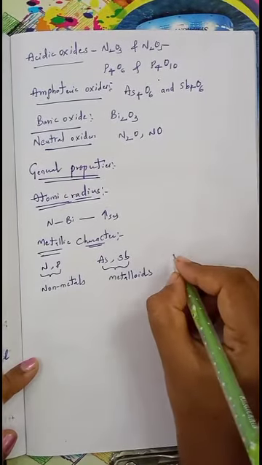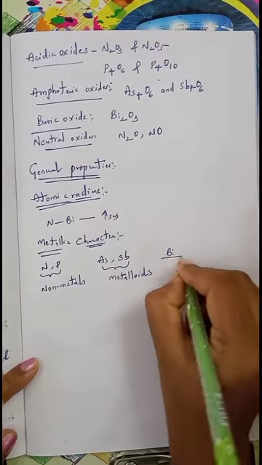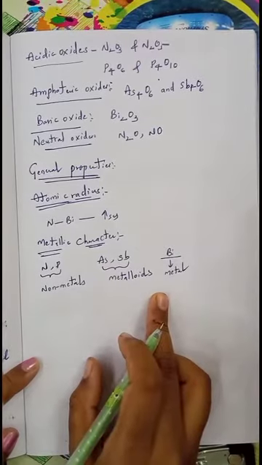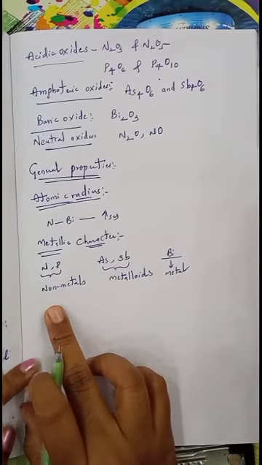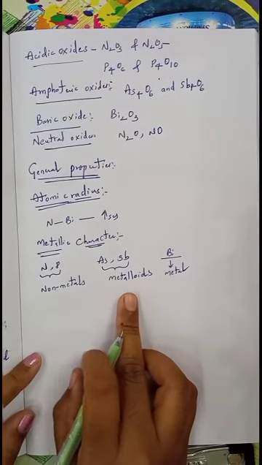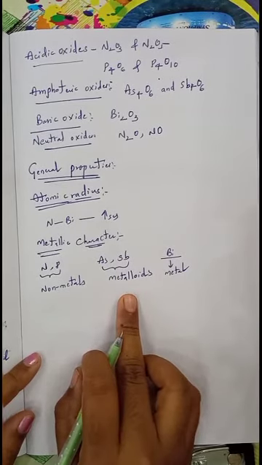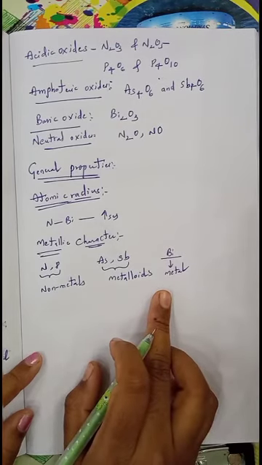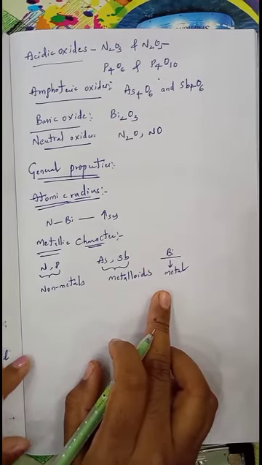Next, bismuth. Bismuth is a complete metal. That means metallic character increases from top to bottom. The first two elements are non-metals. The next two, arsenic and antimony, are metalloids which contain both metallic and non-metallic properties. And the last element, bismuth, is a complete metal.